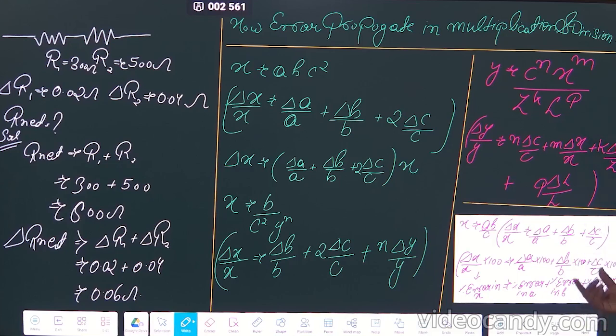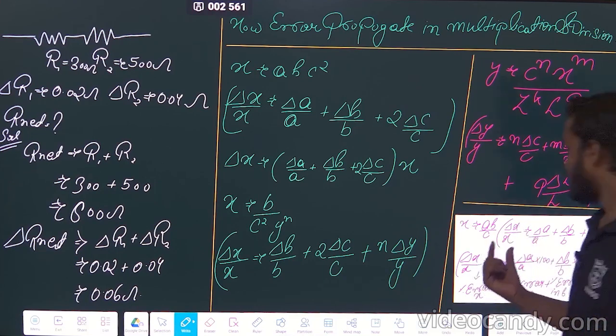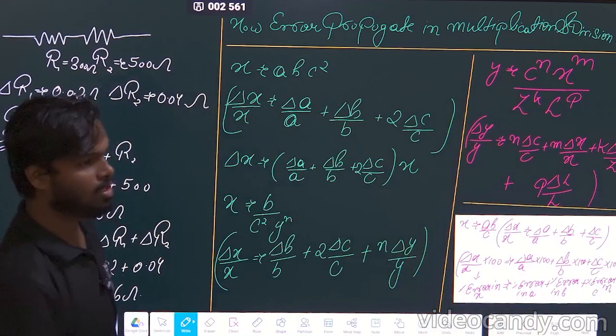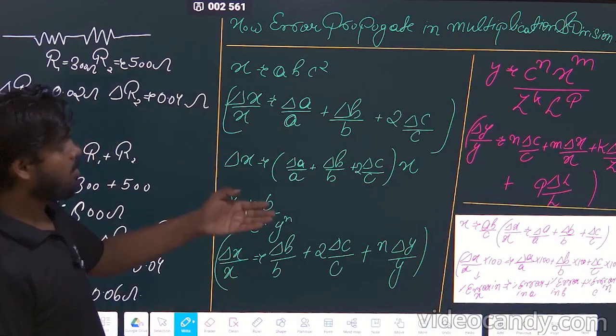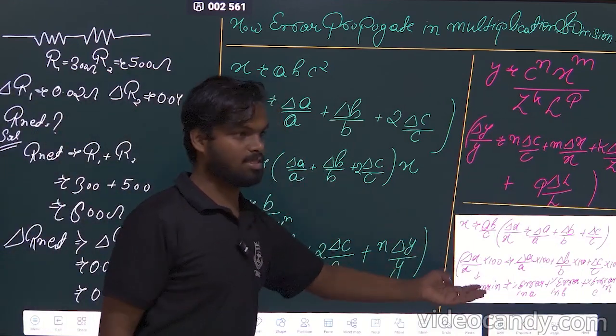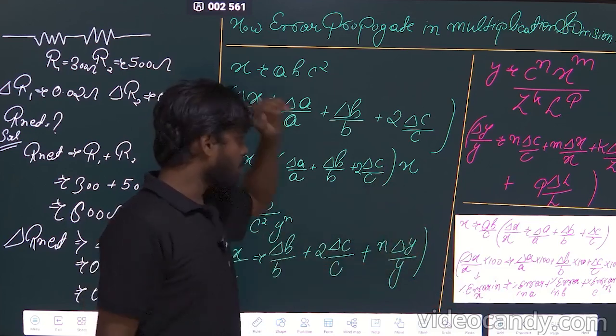Correct or not? So you can see percentage error in x is equal to the sum of percentage errors in a plus b plus c, and that is very important, because more than 90% of the questions are coming from this simple concept. You have to remember this concept.